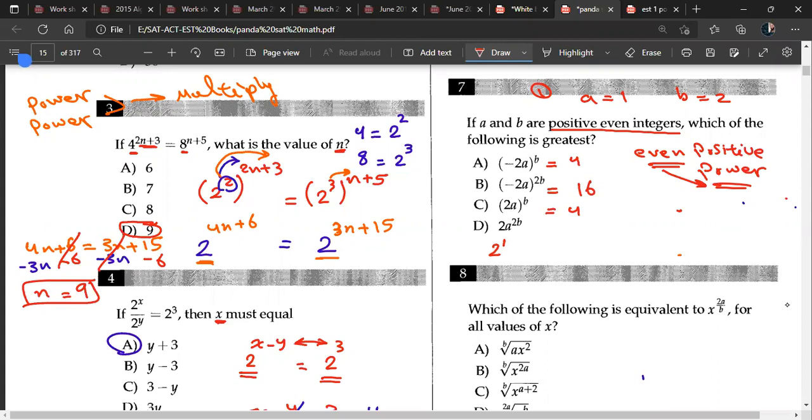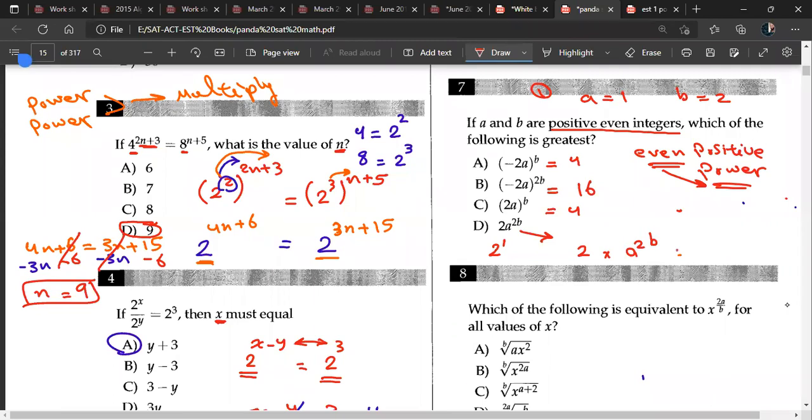The power 2B is not common between 2 and A, so you apply the power only to A. It will be 2 multiply A power 2B, not 2A all power 2B.